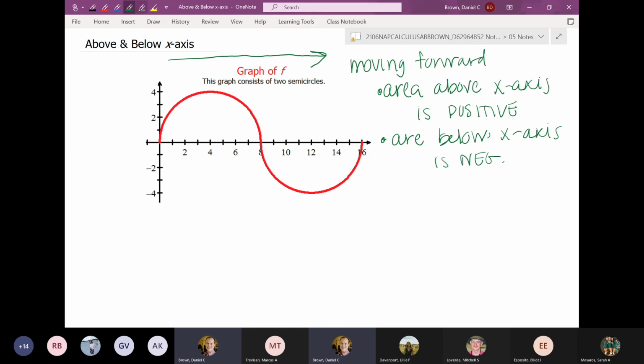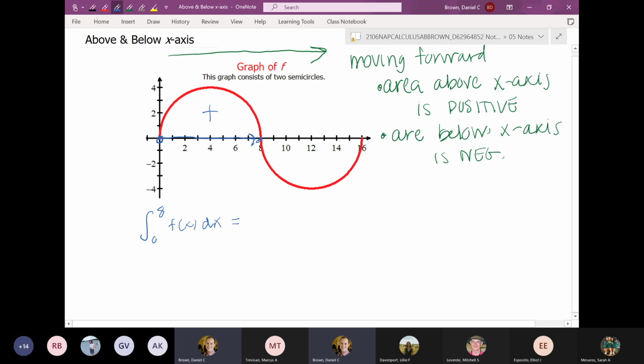So if I'm moving forward on this graph, like if I were finding the integral from, say, 0 to 8, I call this function f of x dx. From 0 to 8, we'll be starting at 0, ending at 8. So we have this forward motion happening. It's above the axis, so I know that this would have a positive area. And it's that same semicircle, 1/2 pi r squared. 16 divided by 2, it gives you 8 pi, as expected.